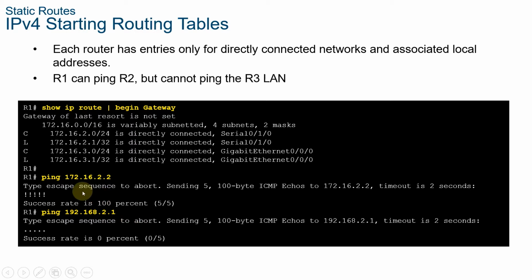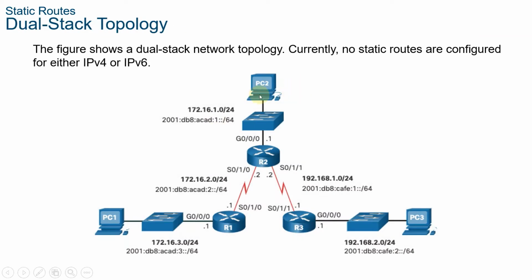Again, going back to the topology, on R1 we are pinging 172.16.2.2, and 172.16.2.2 is this interface here, which is the interface of R2, pinging from PC1. We can ping that because that is directly connected to R1.